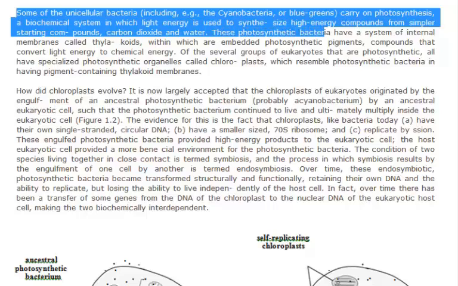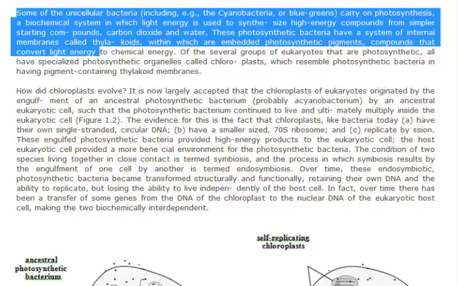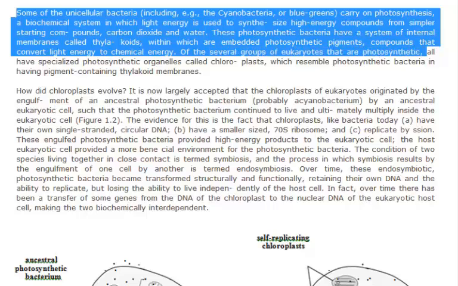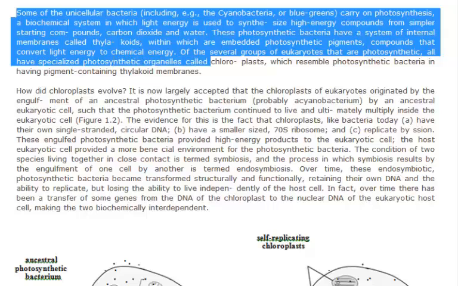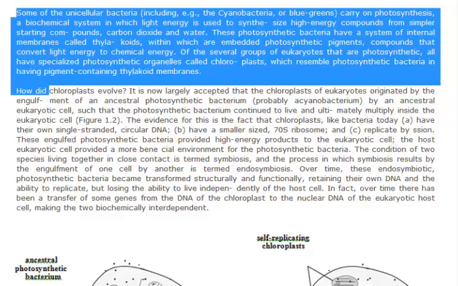These photosynthetic bacteria have a system of internal membranes called thylakoids, within which are embedded photosynthetic pigments, compounds that convert light energy to chemical energy. Of the several groups of eukaryotes that are photosynthetic, all have specialized photosynthetic organelles called chloroplasts, which resemble photosynthetic bacteria in having pigment-containing thylakoid membranes.